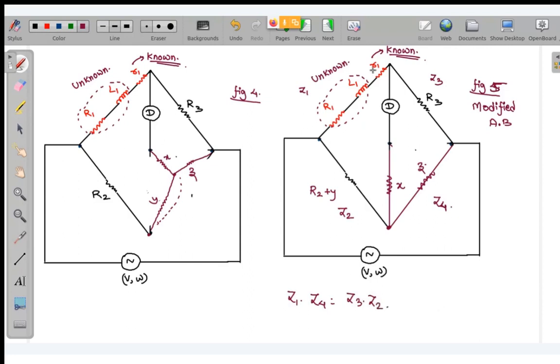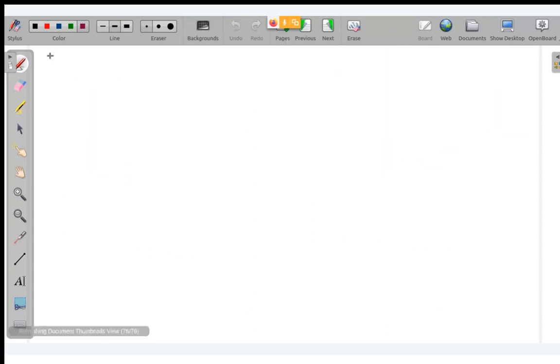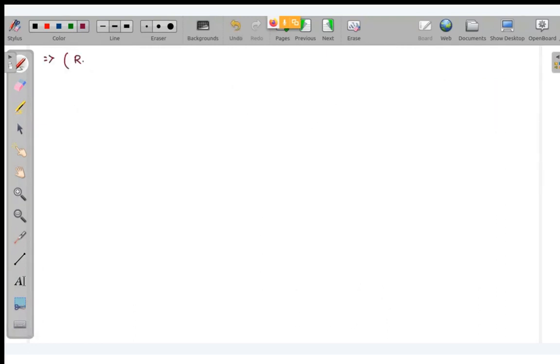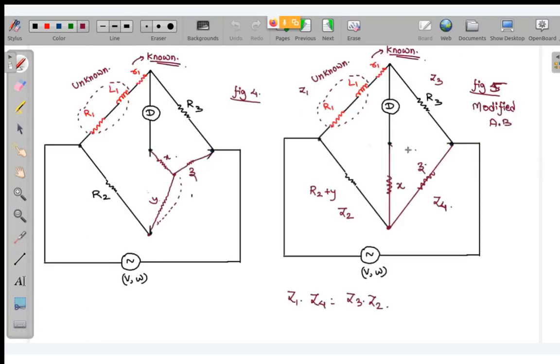I am writing Z1 on the next page. Z1 is equal to R1 plus j omega L1. This is your Z1.